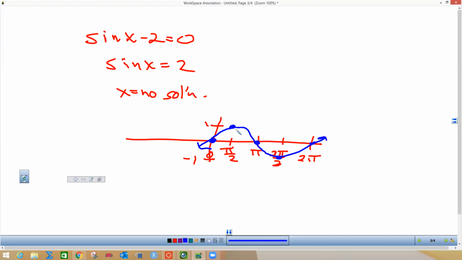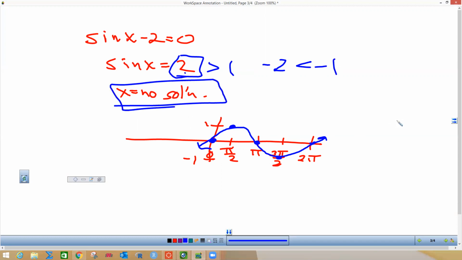What's the biggest value sine can equal? 1. What's the smallest? -1. So if you ever have sine or cosine equal a number that is greater than 1 or less than -1, the answer is going to be no solution because there's nowhere that works.